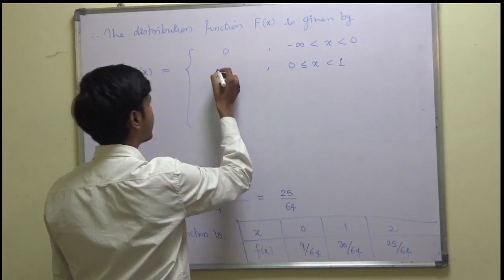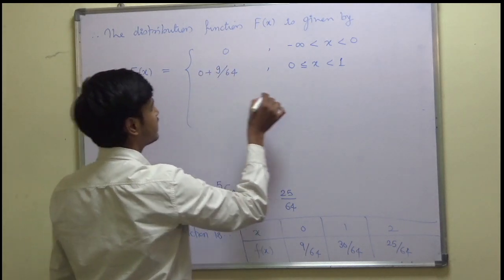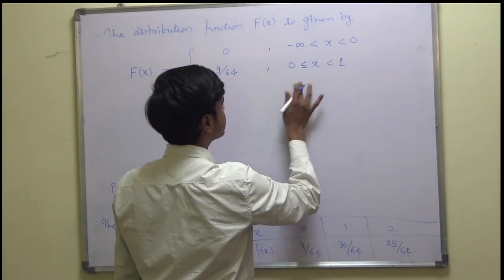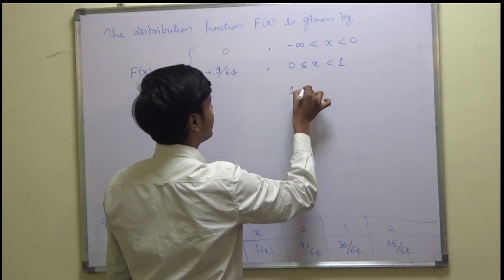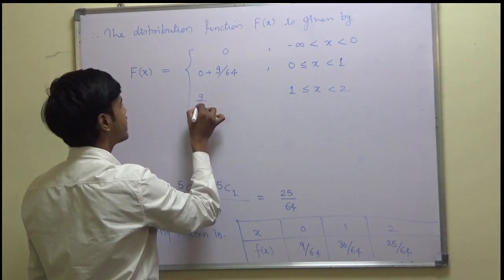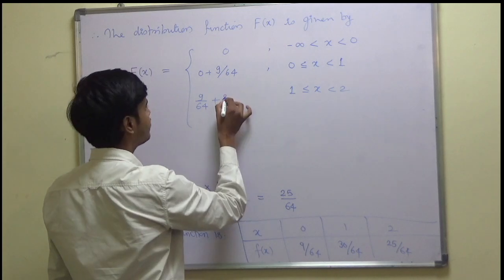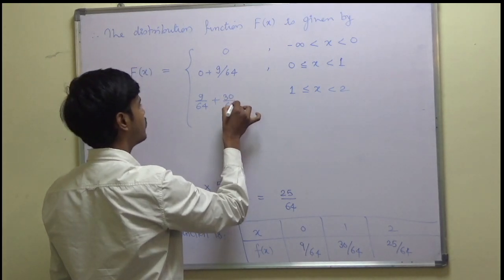So for this we have 0 plus 9 by 64, and for 1 less than or equal to x less than 2 we have 9 by 64 plus the probability for 1, which is 30 by 64.